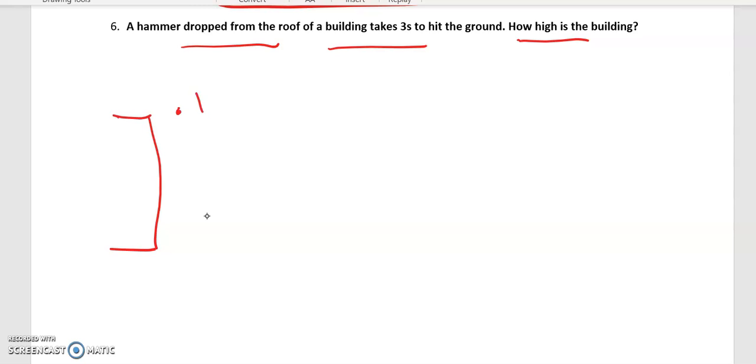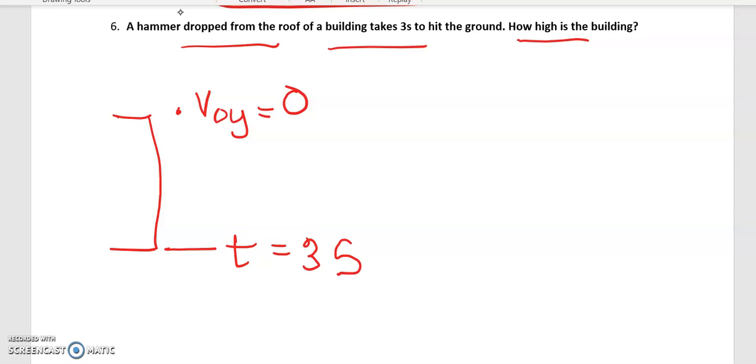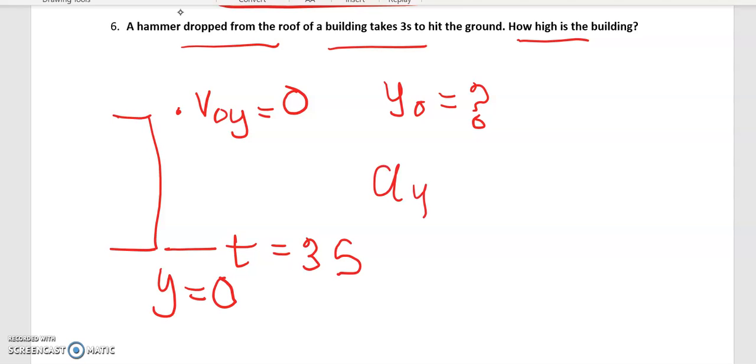You drop it down. So V0y, I'm going to immediately write down it's equal to 0 because you drop it, and time is equal to 3 seconds to hit the ground. We don't know the initial y position, but we do know the final y position is equal to 0. And acceleration ay is always negative 9.8 meters per second squared.